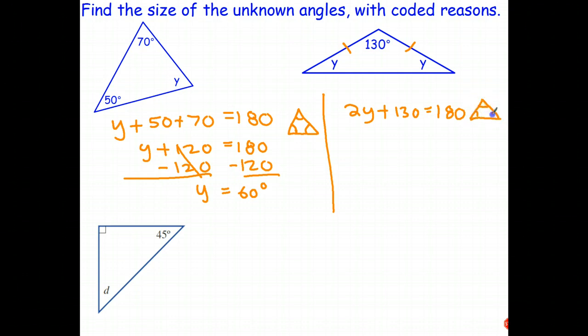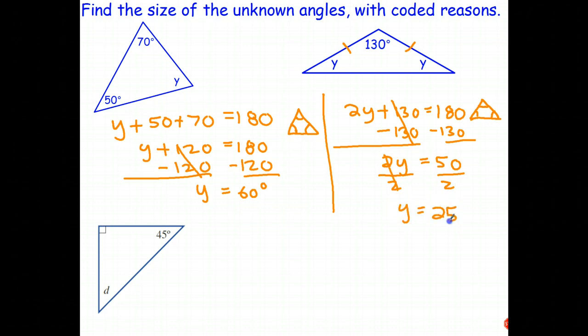So angles in a triangle add to 180 degrees. Next step, subtract 130 from both sides, and 2y equals 50 degrees. Divide both sides by 2, and y is 25 degrees.